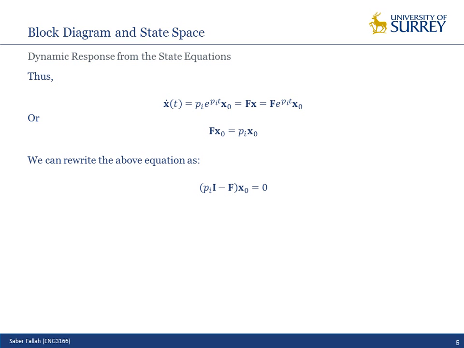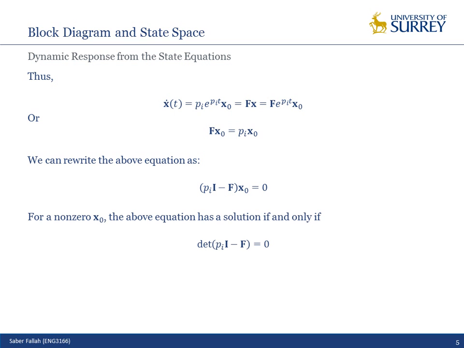The determinant of the brackets. Exactly. The determinant of this one should be 0, in order for any value of x naught.